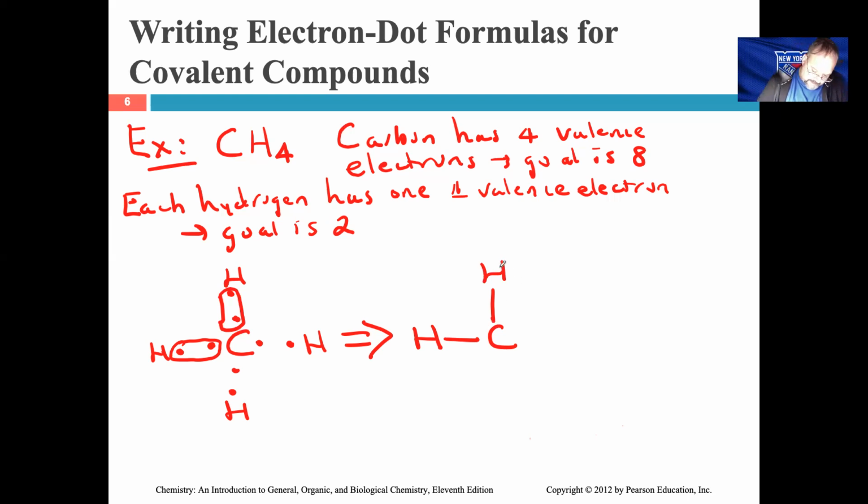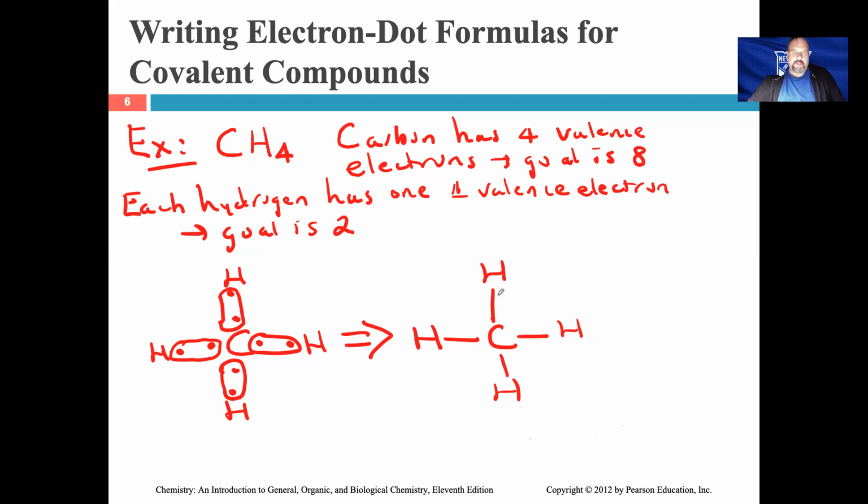Well, it turns out that the hydrogen on the right and the hydrogen on the bottom want to share its 1 valence electron with carbon as well. And carbon has valence electrons that it hasn't used yet to share back, to form single bonds between them, resulting in the right hydrogen and the bottom hydrogen having 2 electrons total. But now, when all the pieces are filled in, what about the carbon?